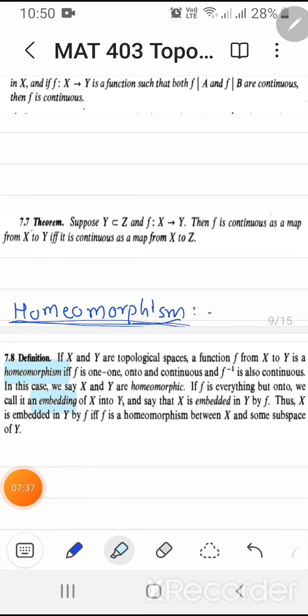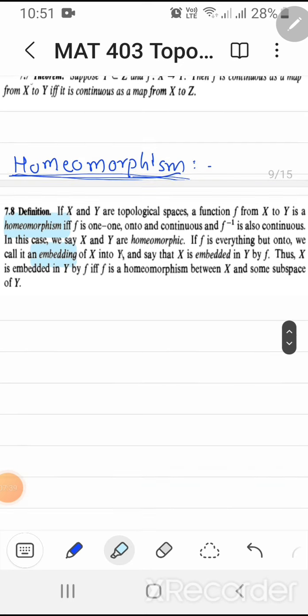Now we take the next definition, the definition of homeomorphism. Suppose X and Y are two topological spaces.